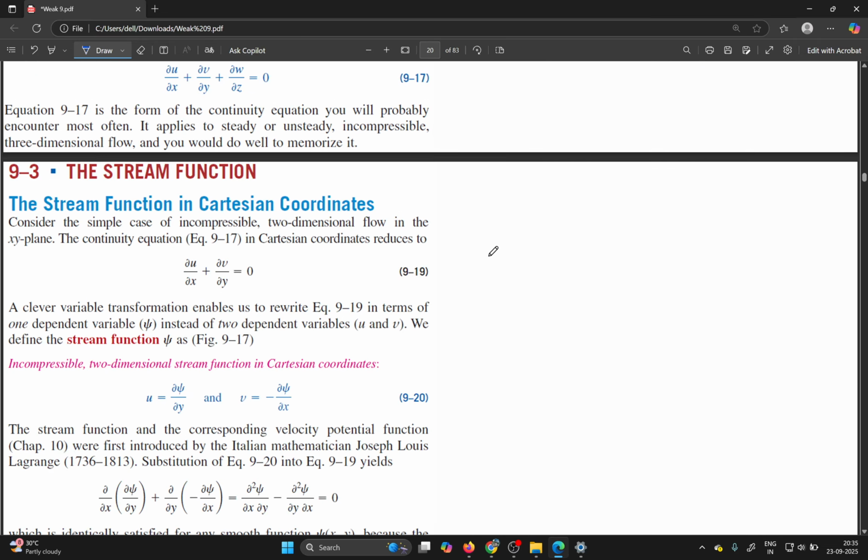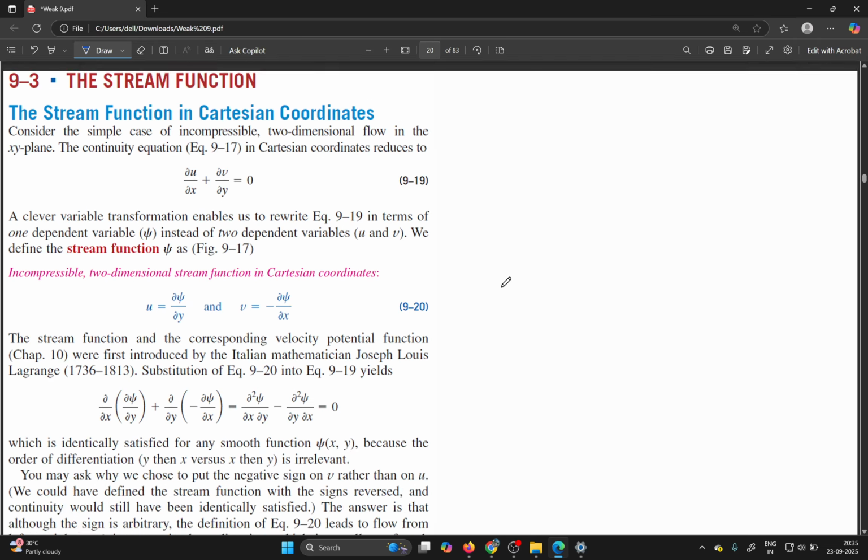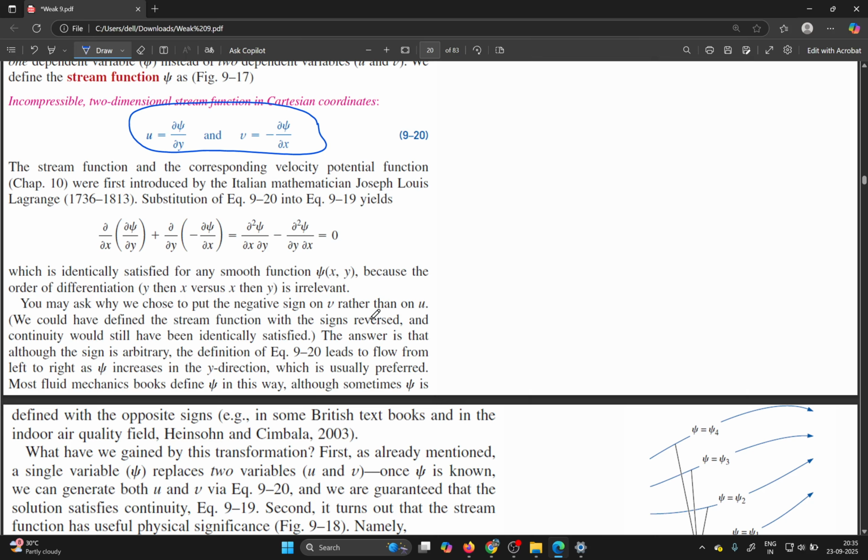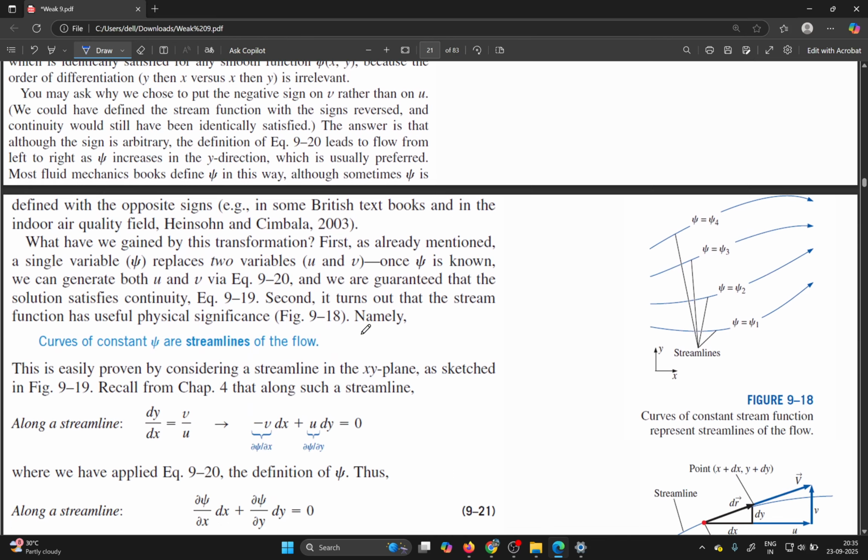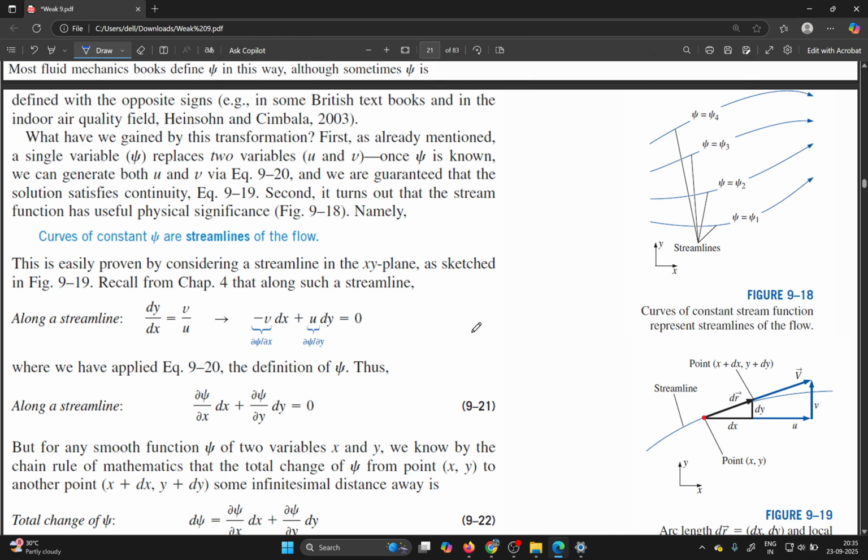Yes, the stream function, from here you can see very easily. So these are the two equations, and these are the continuity equation. How will you satisfy it? You will put here the u value, del psi by del y, then you come up with this final equation whatever I was discussing, and then streamline.